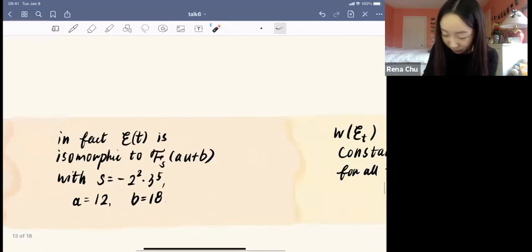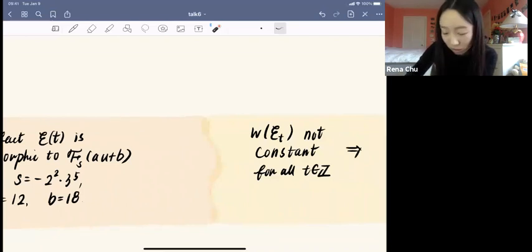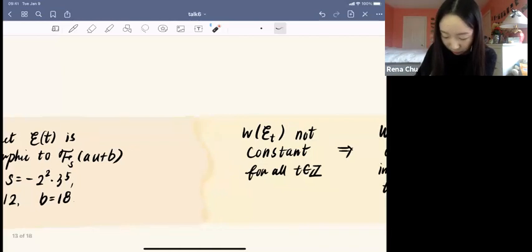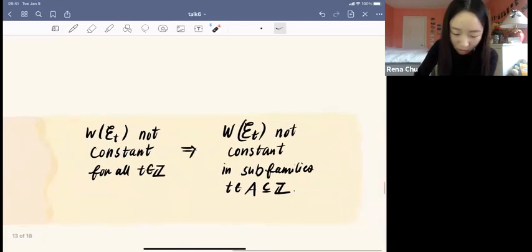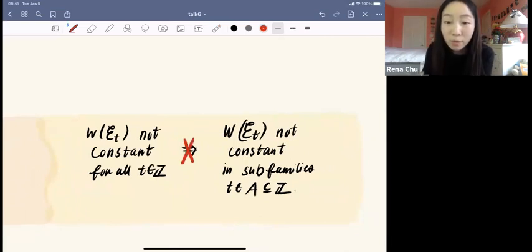Well, if we take a family and we show that the root number is not constant for all T in Z, that does not imply that the root number is not constant in subfamilies.